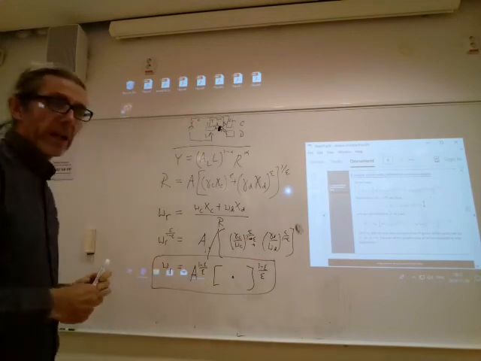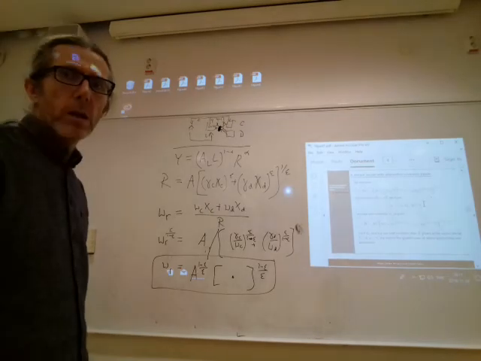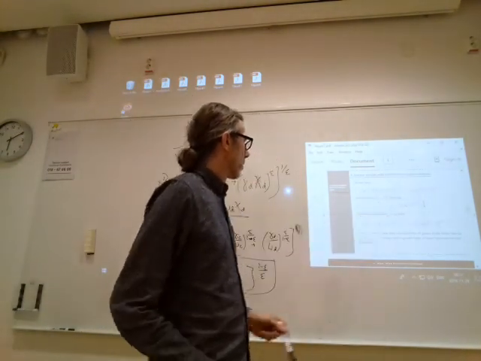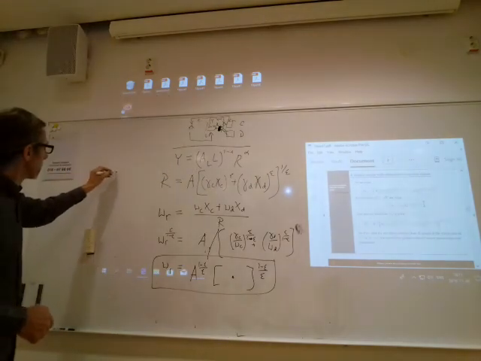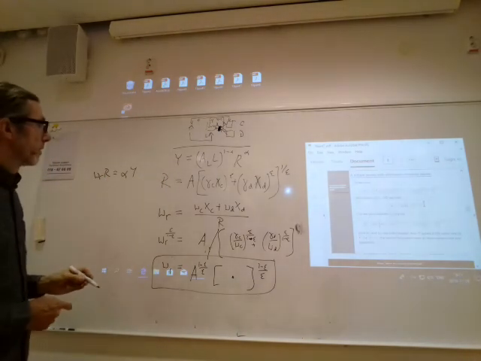So we've got that equation for WR. And we know that WR equals alpha Y from the Cobb-Douglas production function.